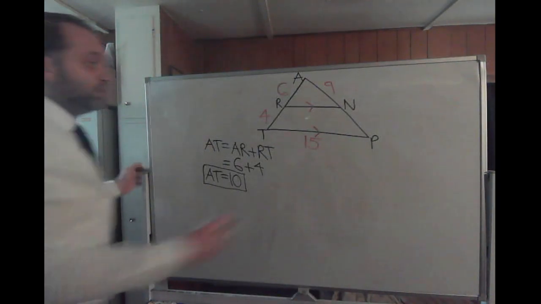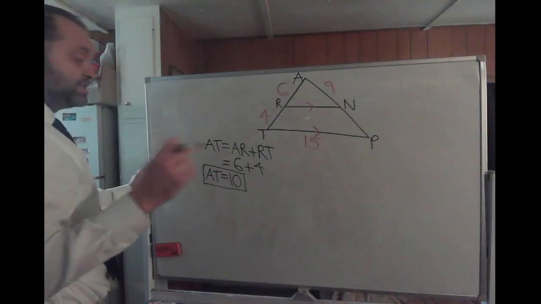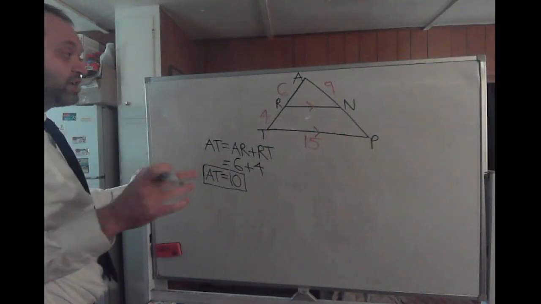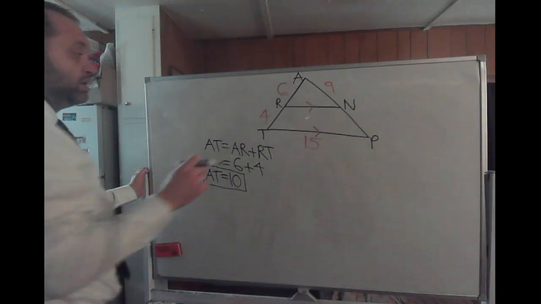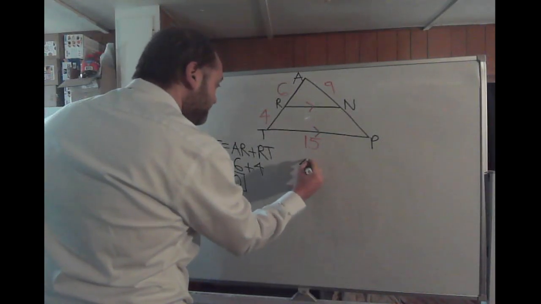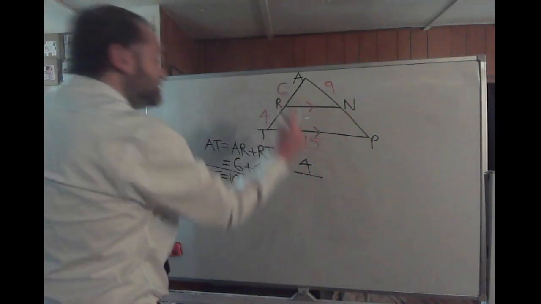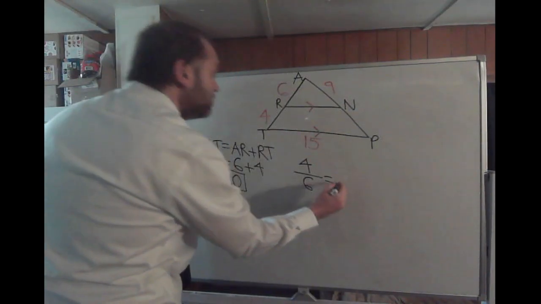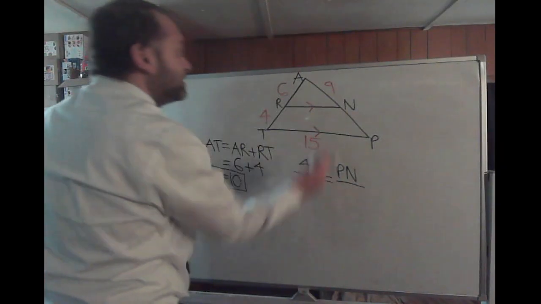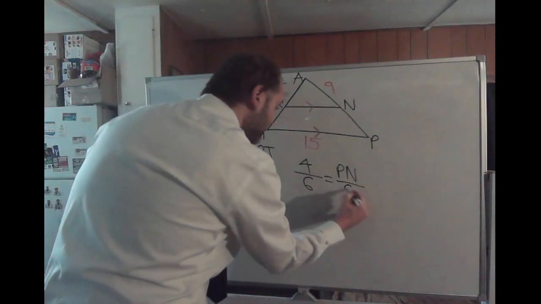Now, we don't know the length of NP. That's okay. What we can do is use the Triangle Proportionality Theorem. So that's going to be TR, which would be the length of that, 4 to 6 on this side, would be equal to PN to the length of AN, which would be 9.